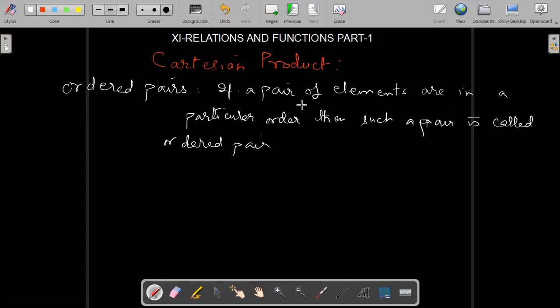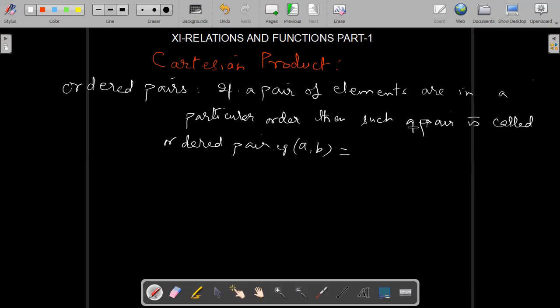Like we use a comma for writing it, like two objects A, B, for example (A, B) written in the bracket. This is an ordered pair. A is the first element and B is the second element. Why? Because here order matters.